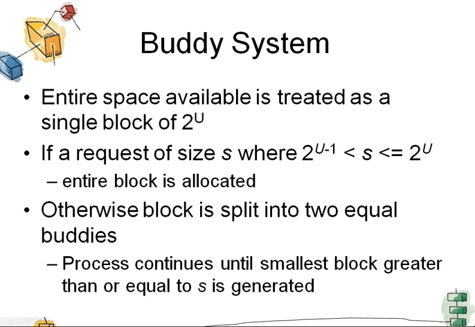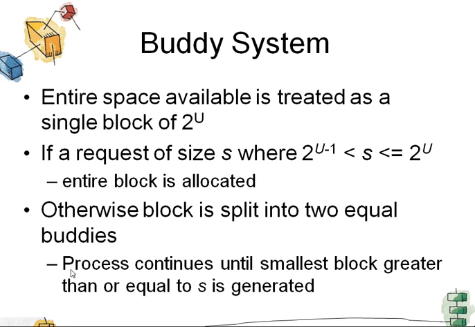Now let us understand what we mean by this. Since we have an available free area which is treated as 2 to the power u, if a request from some process is there whose size is s, now here we need to check the condition whether the size s is within this limit, 2 raised to u minus 1 and 2 raised to u.